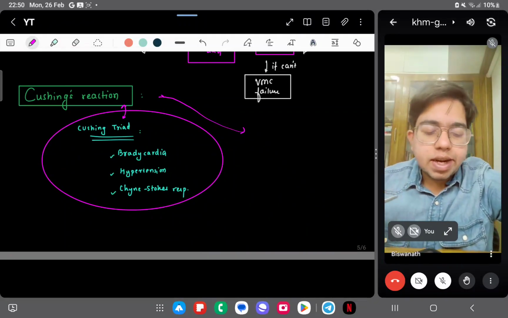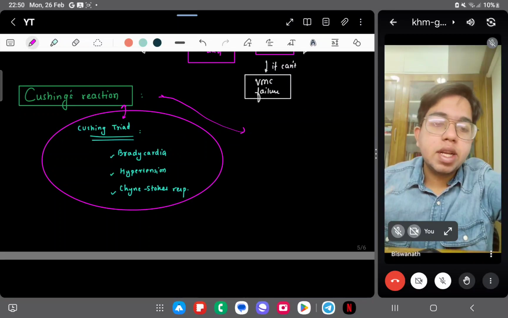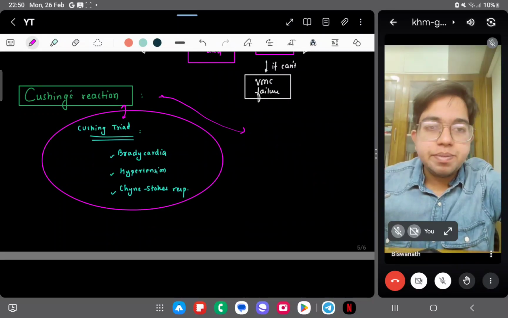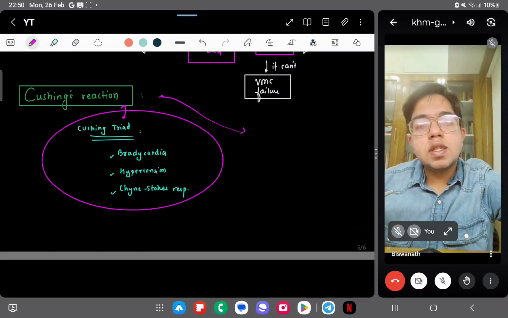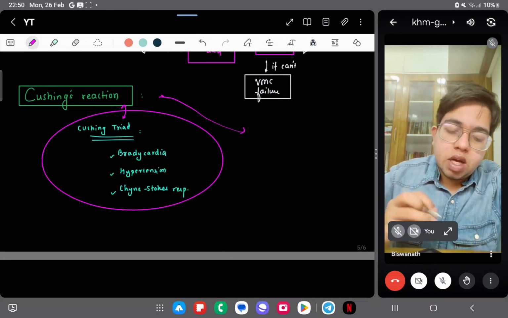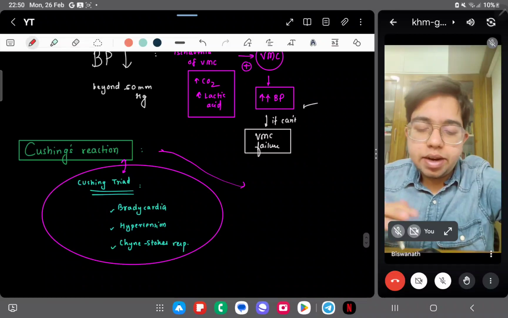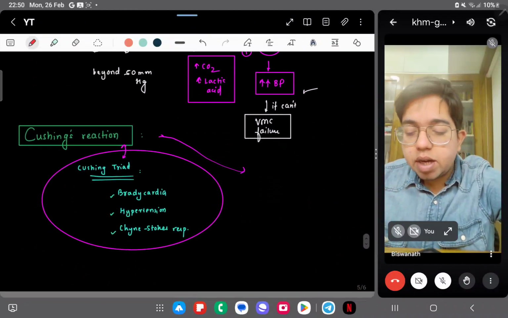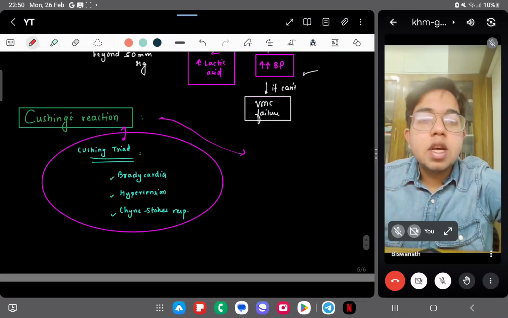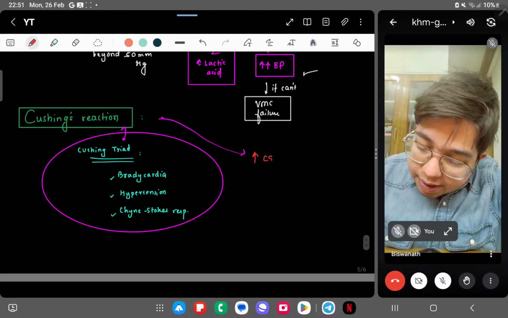So Cushing's reaction is basically a mechanism to protect the vital centers of the brain. It also works when there is decreased BP. So what is happening in Cushing reaction? It's basically related with this CNS ischemic response, so I'm discussing it along with that. Let's say there is an increase in CSF pressure.